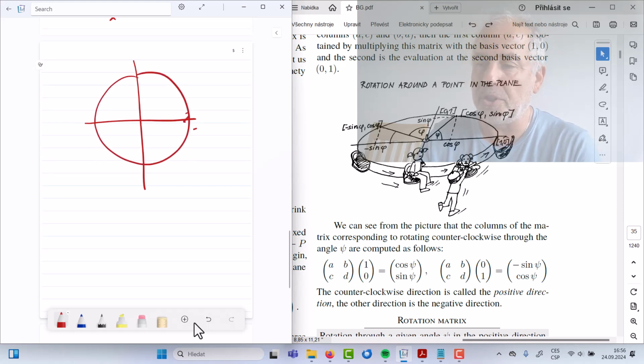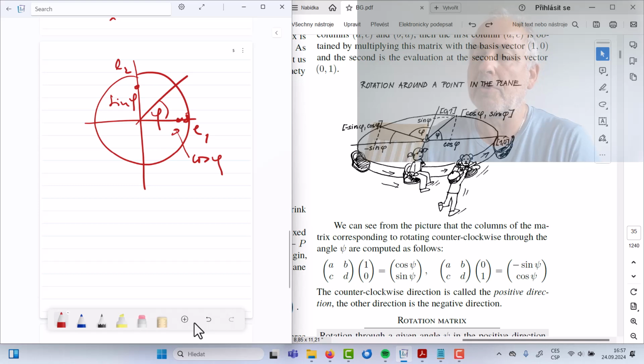So here is the E1, here is the E2, this is the unit sphere, and we simply say that this is phi, and this value will be sine of phi, while this value will be cosine of phi, right? And that's the definition of the function, just how big this x coordinate of the given point P is. That's the cosine of phi, and this is the sine of phi.